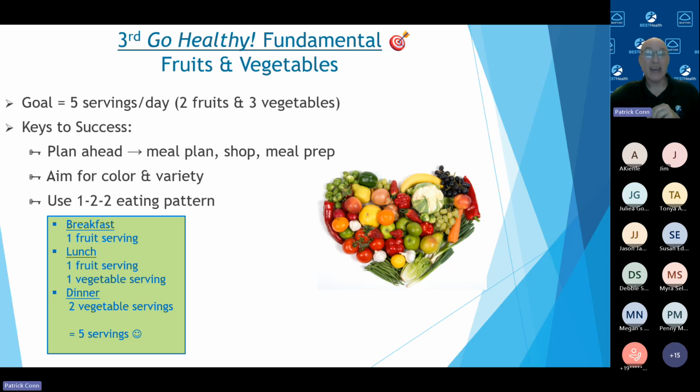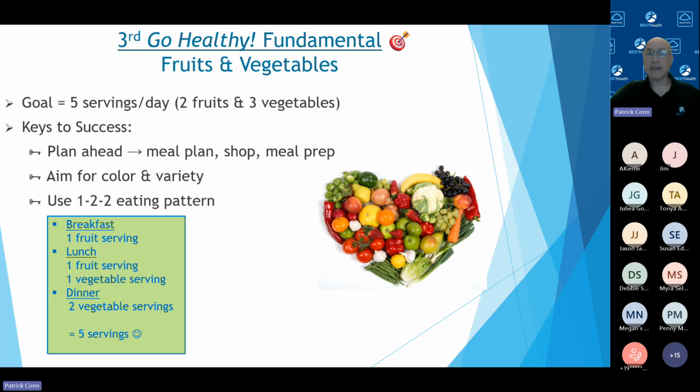That includes planning your meals to incorporate fruits and vegetables, shopping accordingly to that meal plan, and even meal prepping some of these vegetables and fruits for upcoming meals during the week.